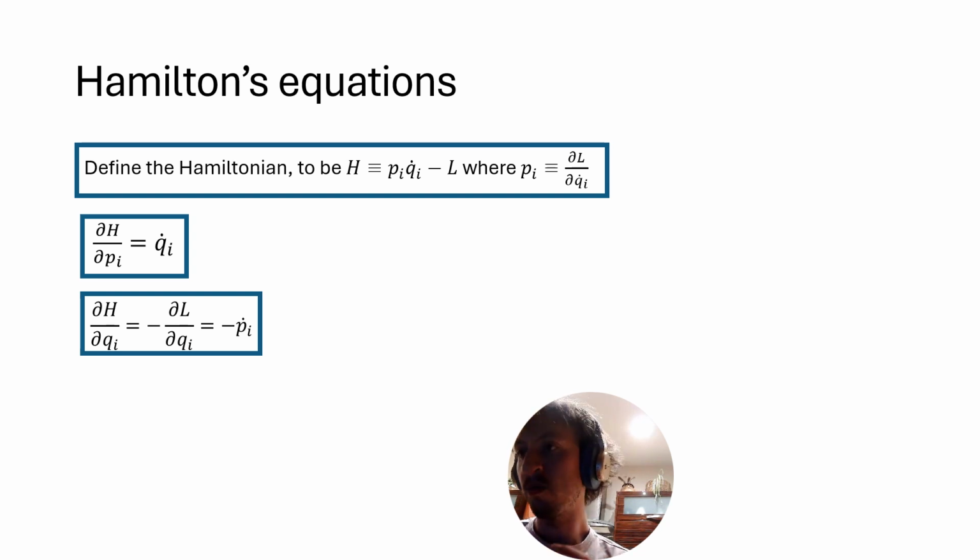Now, these two equations in our blue boxes form Hamilton's equations, and the beautiful thing about them is they get to the heart of the physics of how systems evolve classically.